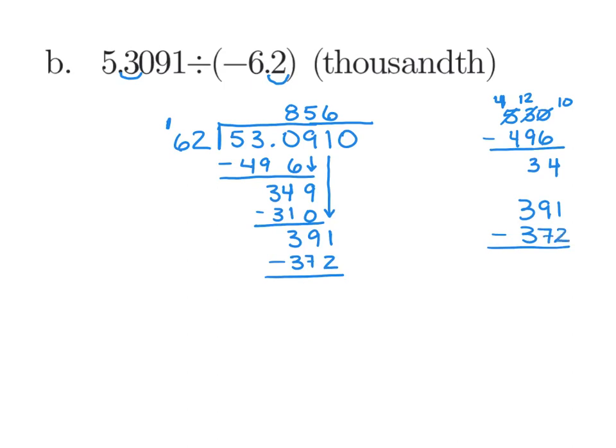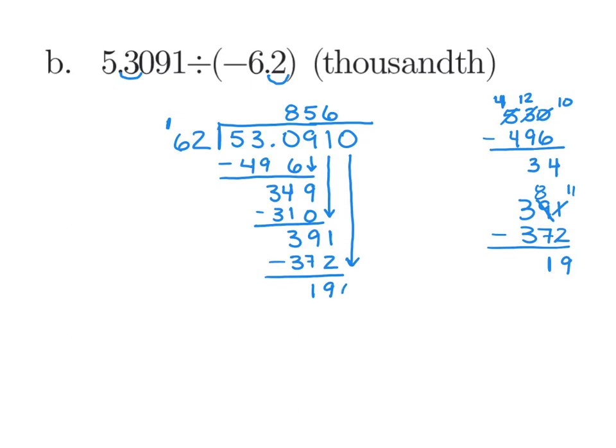We have to borrow from the 9, it becomes an 8, and 1 becomes 11. 11 minus 2 is 9, 8 minus 7 is 1. So we get 19. That is smaller than 62, so we are good.